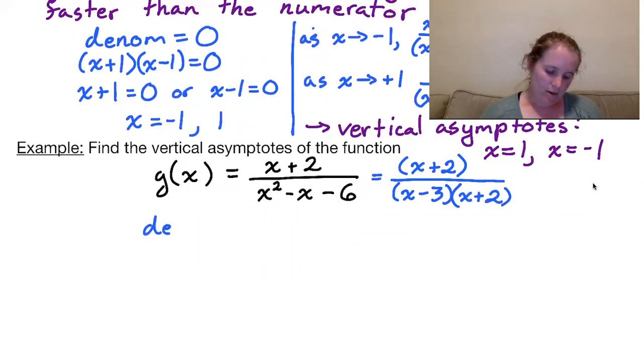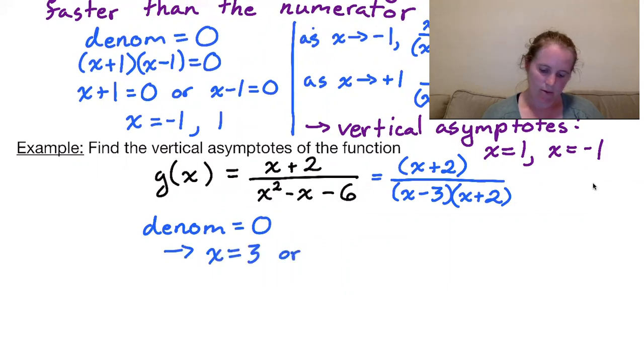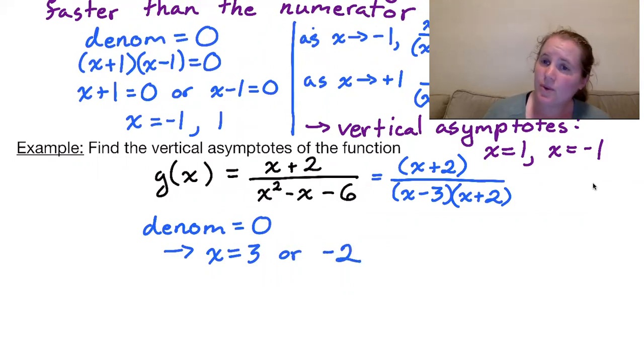So the denominator equals 0 when x is either 3 or negative 2. But you'll notice that the numerator also becomes 0 at this point.